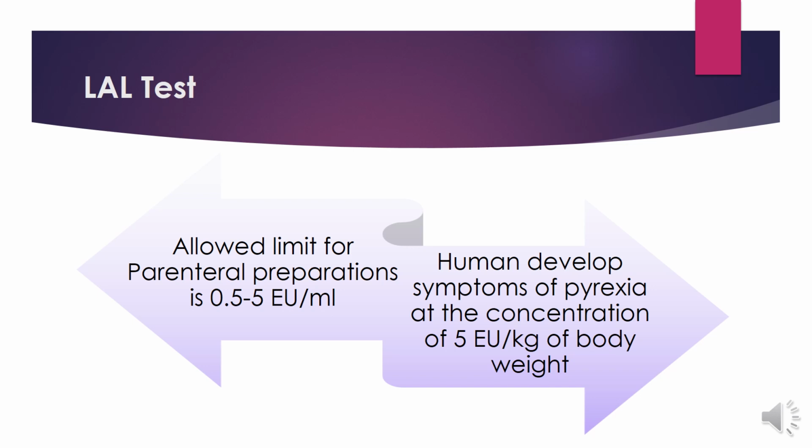That is much less than this concentration, because it is impossible to remove all the pyrogen material from the preparation. So there is some allowed limit depending upon the concentration that can be tolerated by the human body. This is the allowed limit permitted for the parenteral preparation.